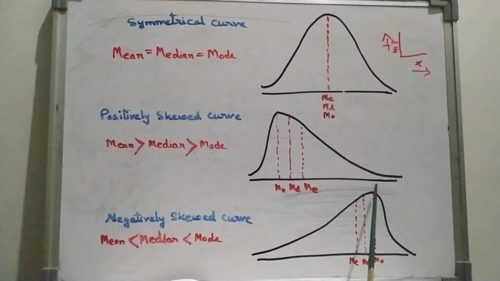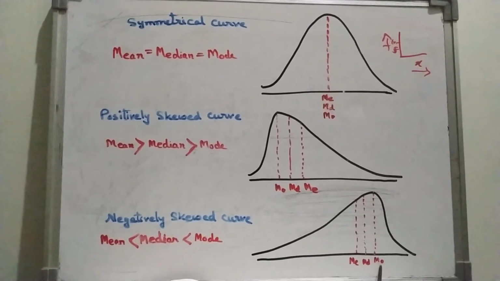Now look at the position here, the peak is here, so the highest frequency must be here. From this coordinate we get the value of x, which is our mode value, because from the definition of mode, it is the value of the variate which has the highest frequency.